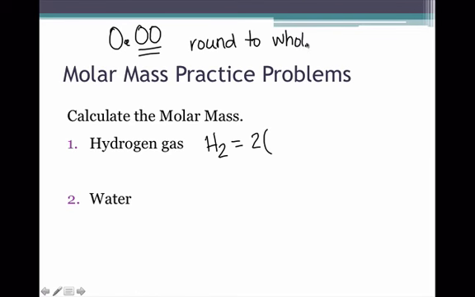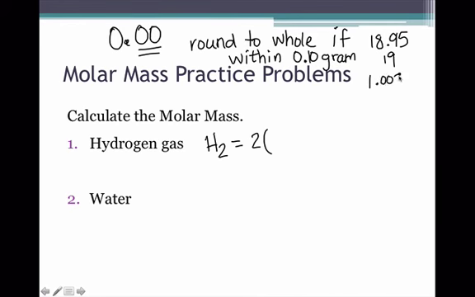Round to a whole if you're within a tenth of a gram. So if you had 18.95, that is within a tenth of a gram to a whole number, I could just say that's 19. Or if I had 1.00794, that is definitely within 0.1 of a whole number, so I'm just going to say that's 1, just like we did here.